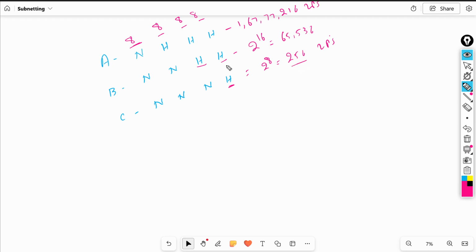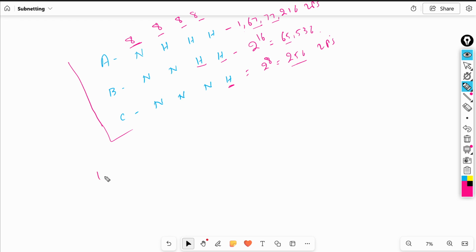Class B network provides 65,536. Class A network provides 1 crore 67 lakhs 77,216 IPs for each network. Right. So now, first here in class C, 256 IPs for every network.